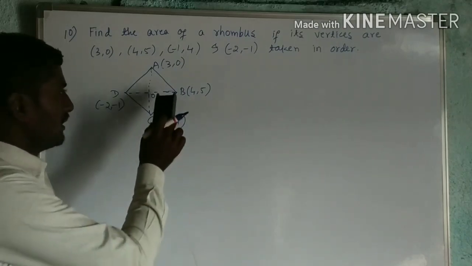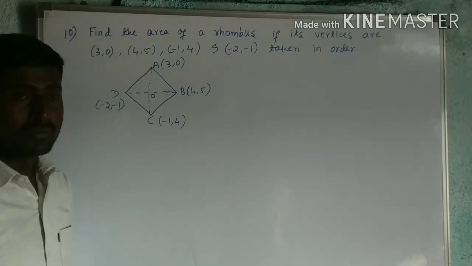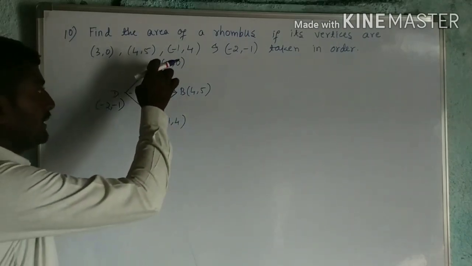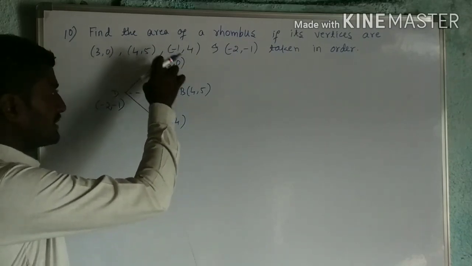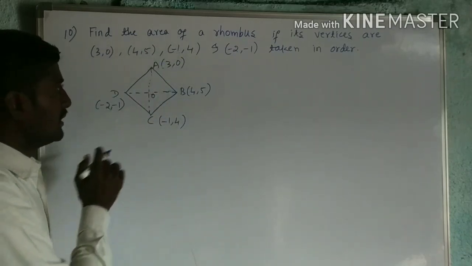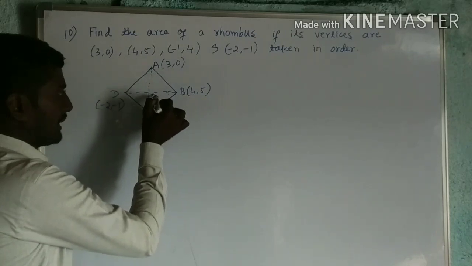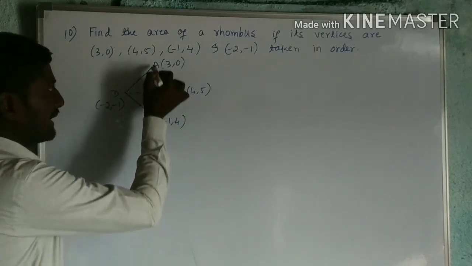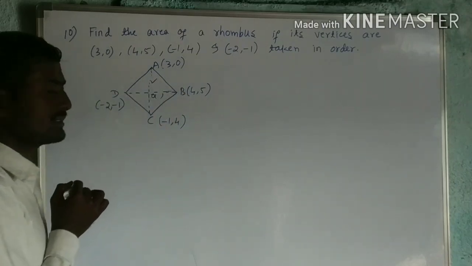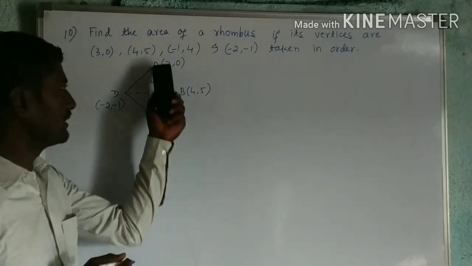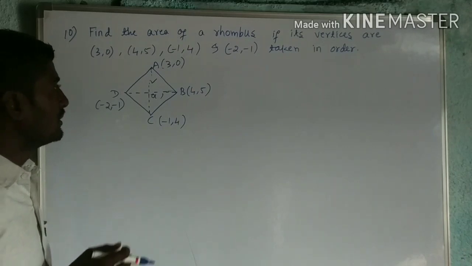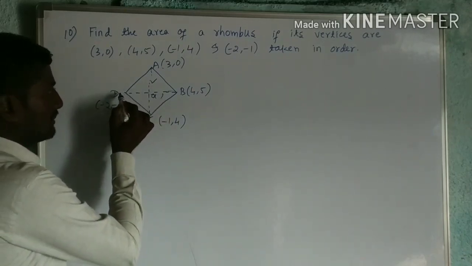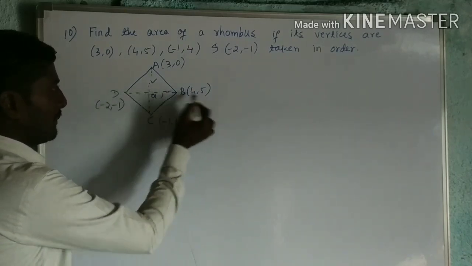Okay. After getting point O, we are going to find the area of the rhombus ABCD. So after getting this point O, we can find the AO distance by applying the distance formula. Then you can find BD, again by applying the distance formula.